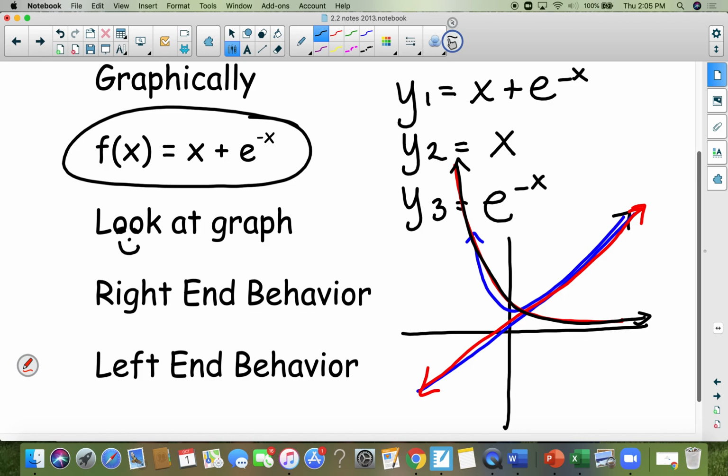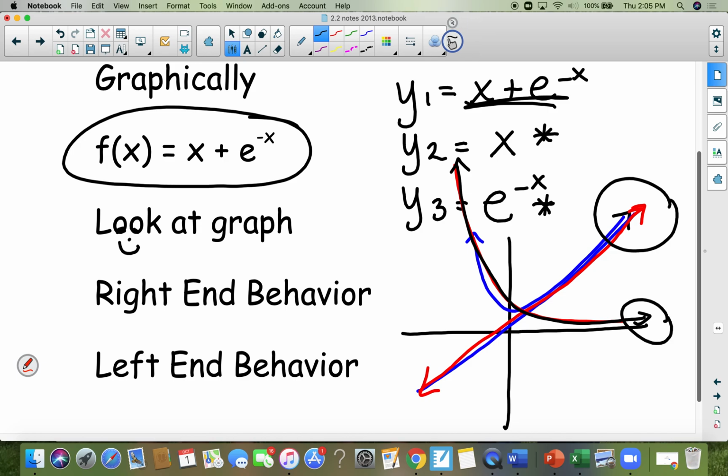You're supposed to look at the graph and figure out what the right end behavior looks like. The original one is in blue. Which one of these two is the same direction that the right end is doing? The red one, y equals x. The black one is definitely not doing what the blue one's doing.